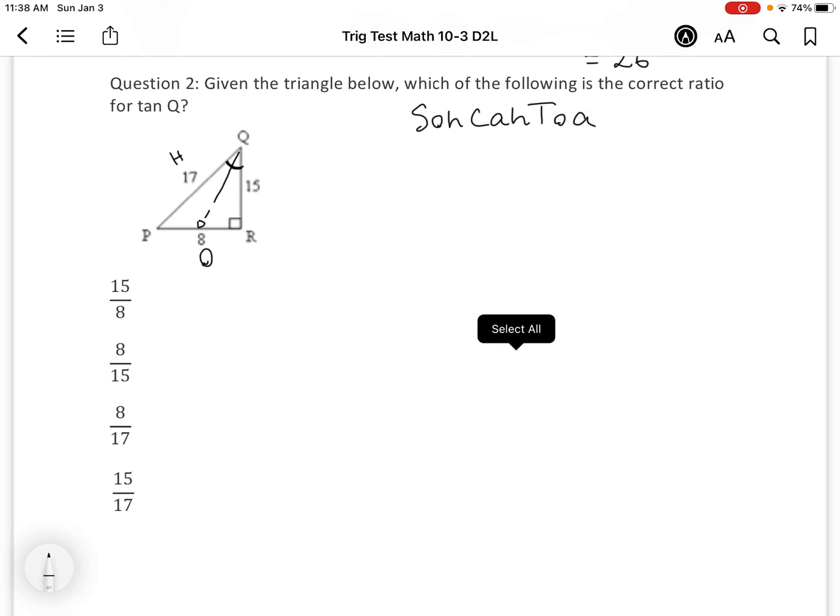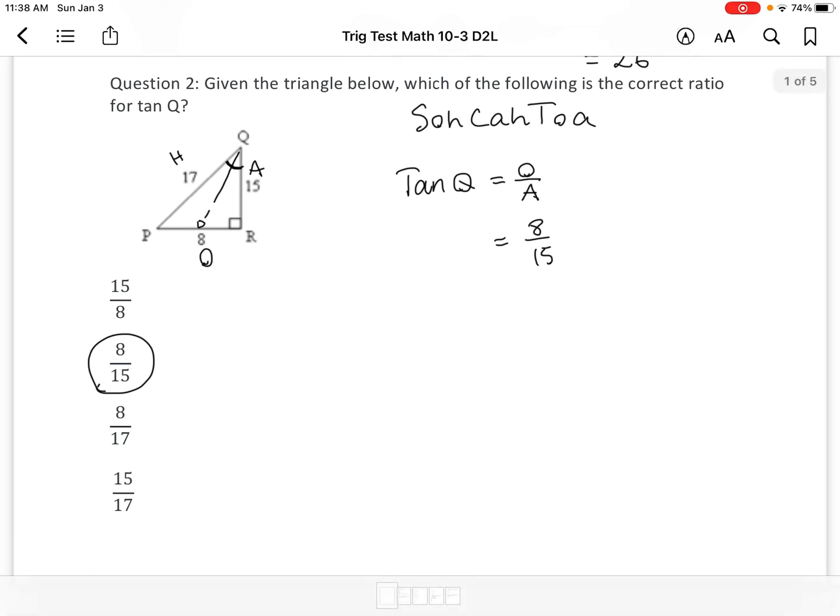The adjacent is the one that's left. So looking at tan Q equals opposite over adjacent, the opposite is 8 and the adjacent is 15. So that's 8/15, and that's that one. All right.